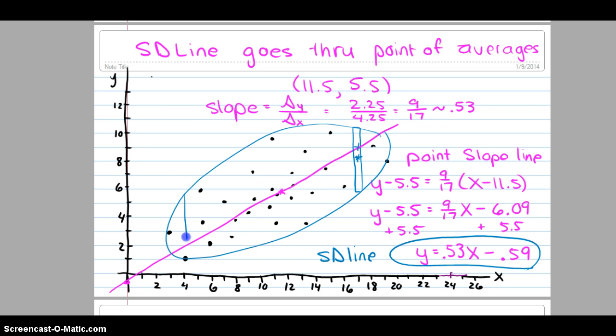Notice when we slice this oval vertically, my predictions of y are a little low on the side to the left of the point of averages. I might have preferred those values. And on the right, my predictions for y might be slightly high compared to what I might expect.